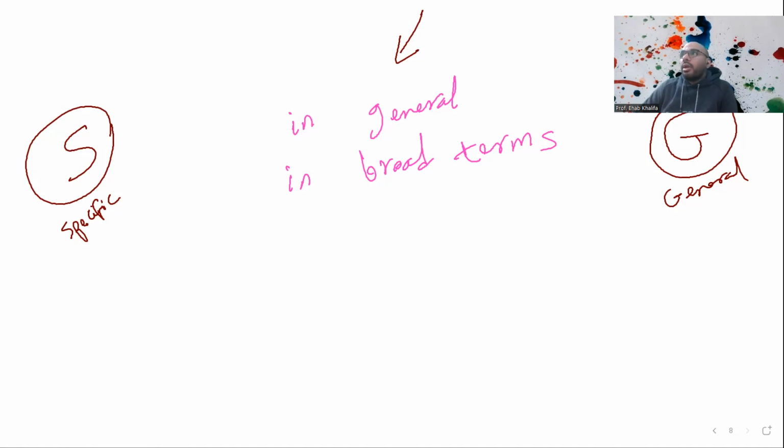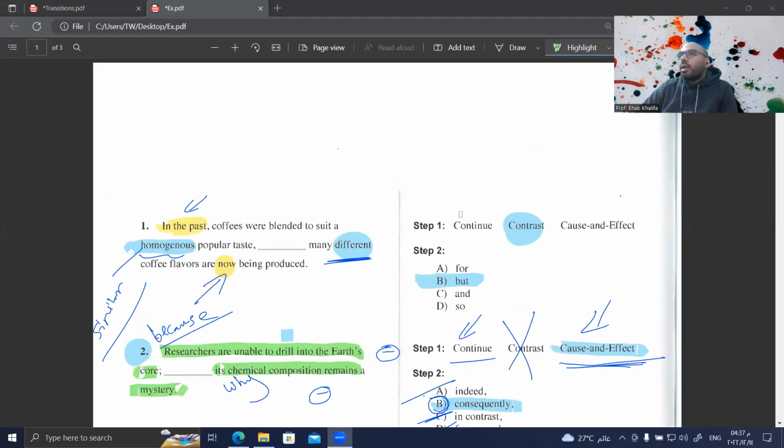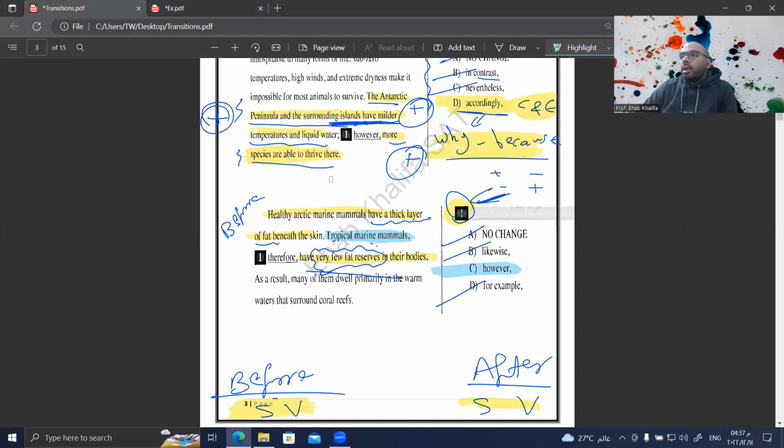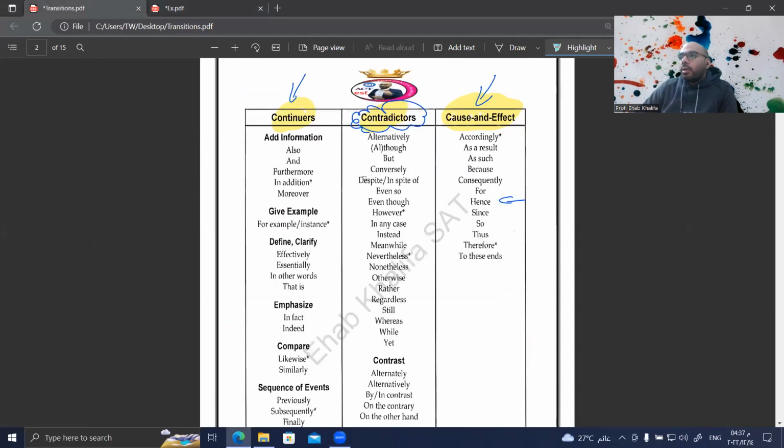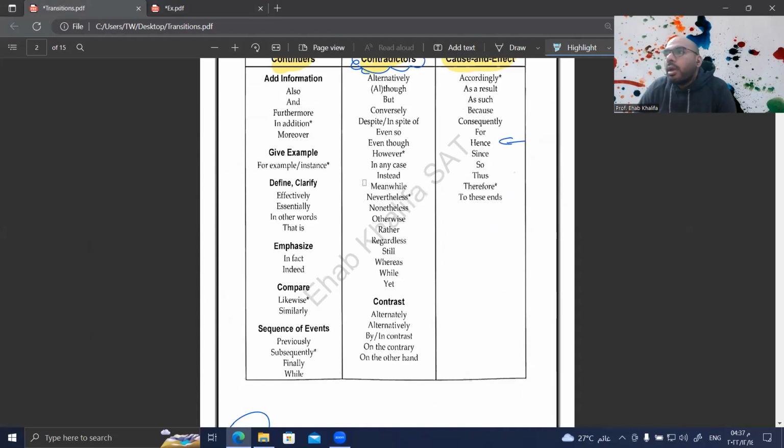Well, now we need to differentiate between in other words and these two, in fact and indeed. We explained the in fact and indeed.